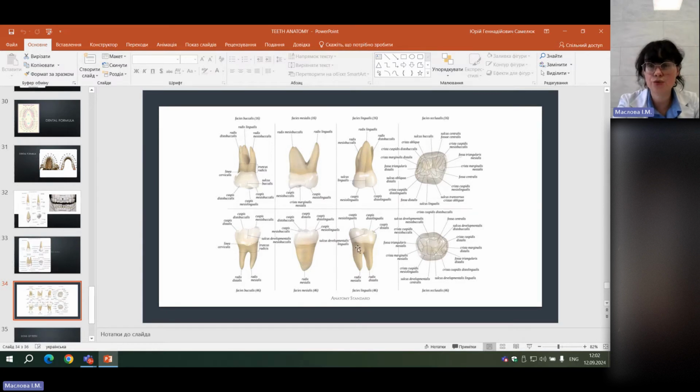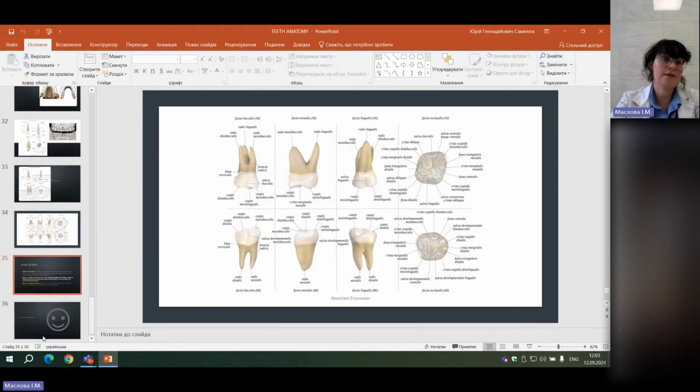You will find two root canals in the mesial root, lingual and buccal, and one root canal in the distal root. It will be the distal root canal. Today I told you only about the features of tooth anatomy which you have to know in your further practical activity.